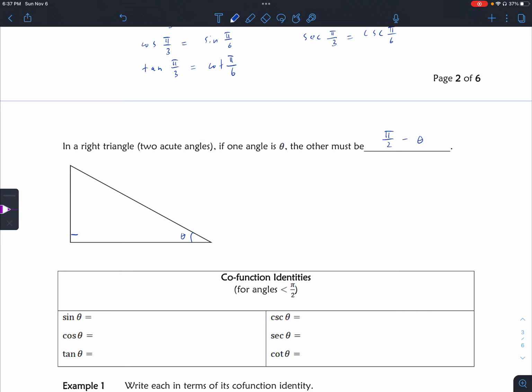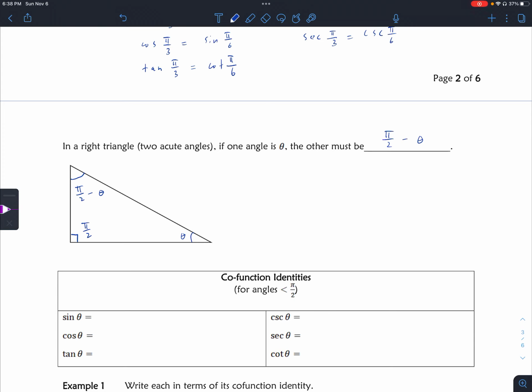So that would be pi over 2. This other angle over here, this top angle, would have to be pi over 2 minus theta. It has to be complementary to theta, this angle. Because theta and pi over 2 minus theta have to add up to 90, right? If there's a 90-degree angle in the triangle.